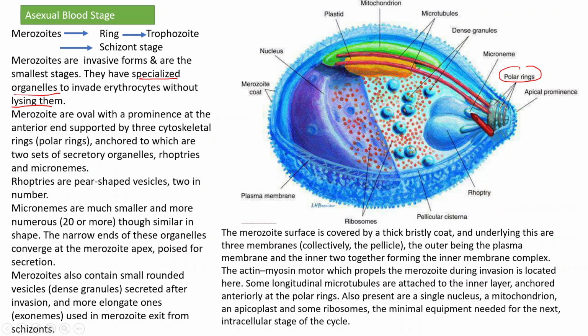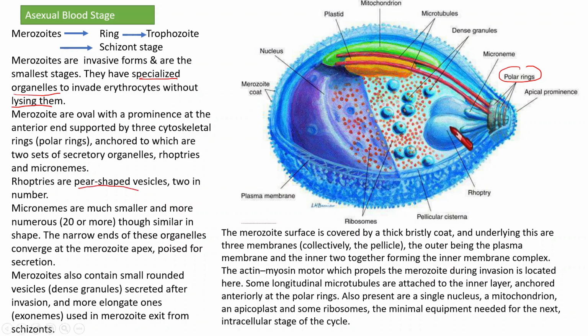And similar to that, shape-wise both types of secretory granules are similar. Even then, size-wise the other is small when compared to the rhoptry. Both are pear-shaped vesicles.